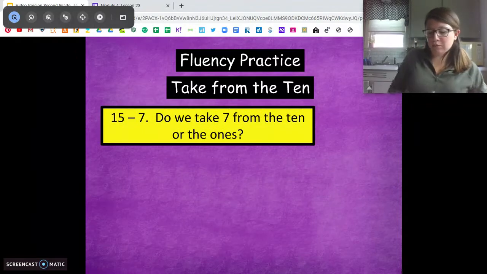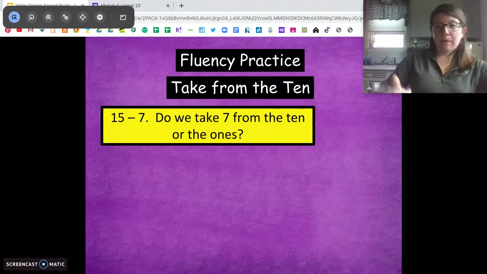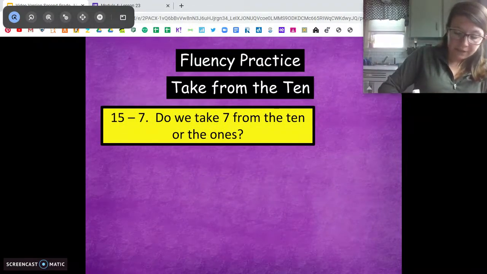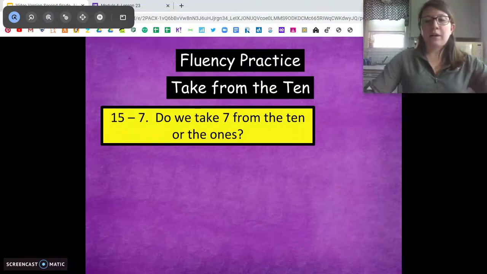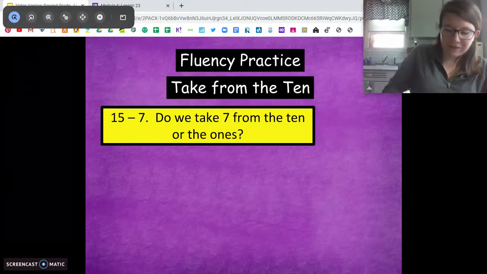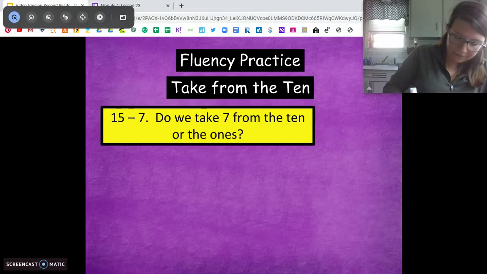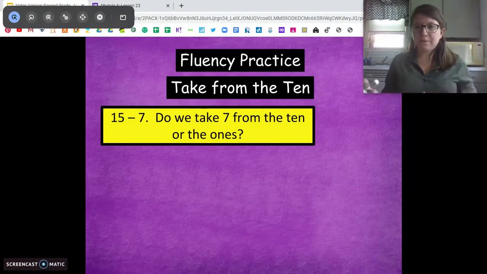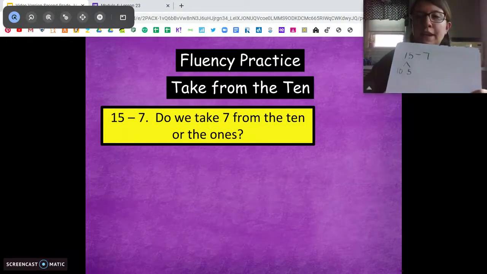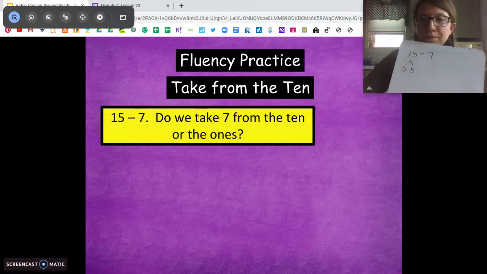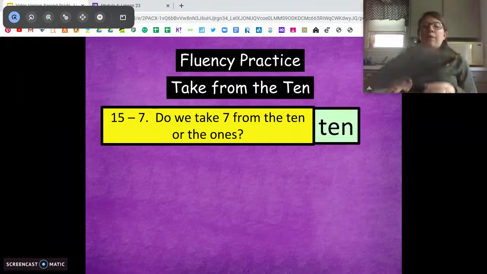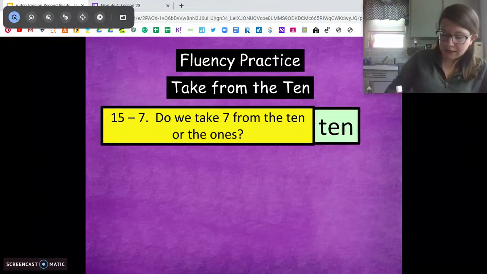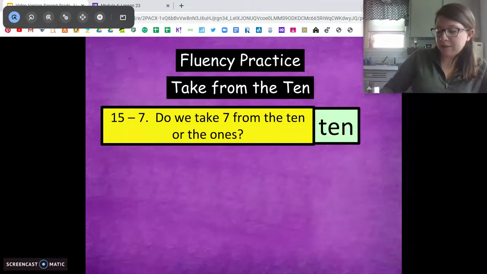I want you to try this one on your own. I'm going to do it on my board, and you can do it on yours. 15 minus 7. Are we going to take from the... Ooh, I told you the answer. Break down the 15 into its tens and its ones. Are we going to take from the 10 or from the ones? The 10. Beautiful. Now write that number sentence, taking the 7 from the 10, and tell me the answer.